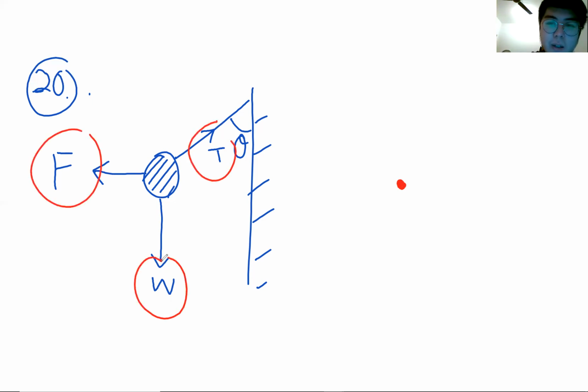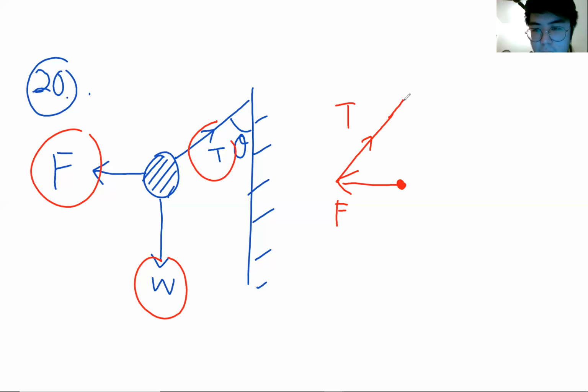So you take the direction. Start from here, maybe I put F first. F pointing to the left, this is F. And then I add the tension. From here, I continue head to nose. Tension here, and then finally the weight.